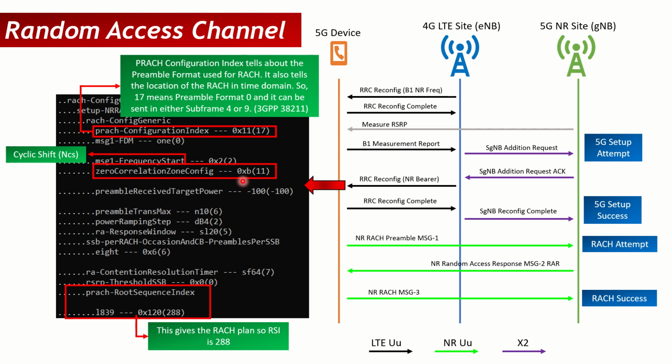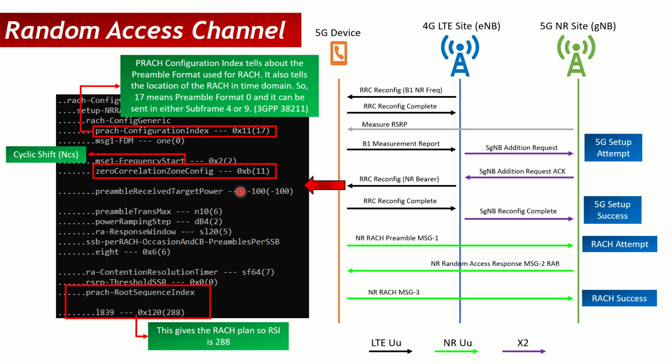So it can perform cyclic shifts of 11 on these root sequences to find out the next preamble index in the sequence. This 11 actually corresponds to a particular cyclic shift size. So we'll also go through that when we talk about the 5G planning and design later. But for now, just understand that once the UE gets this information, it can use the cyclic shift on this length to create new preambles.